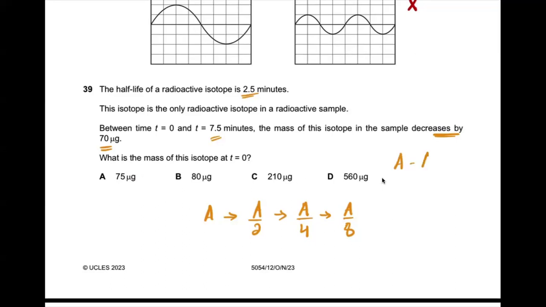So A minus A by 8 is 70 micrograms. So this is 7A by 8, which is 70, right? So A would just be equal to 80 micrograms. Do focus on these words in radioactivity questions, where it either tells you the final amount or whether it tells you by how much it decreases. In this question, we were told by how much it decreases. That's why the answer was this.